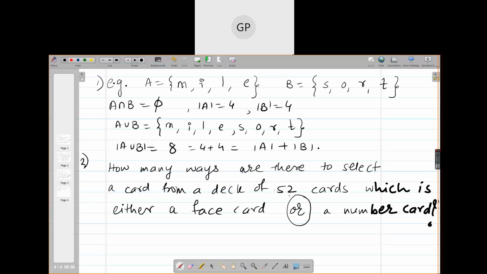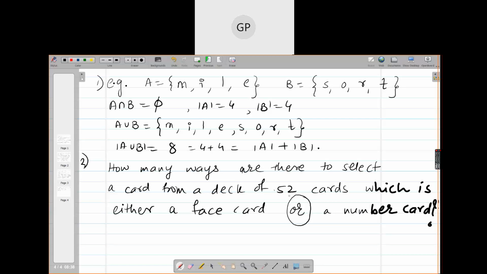If the sets are not disjoint, then you cannot apply the addition principle, even though there is an or. Are you getting me? Yes. So tell me, how many ways are there to select a card from a deck of 52 cards, which is either a face card or a number card?